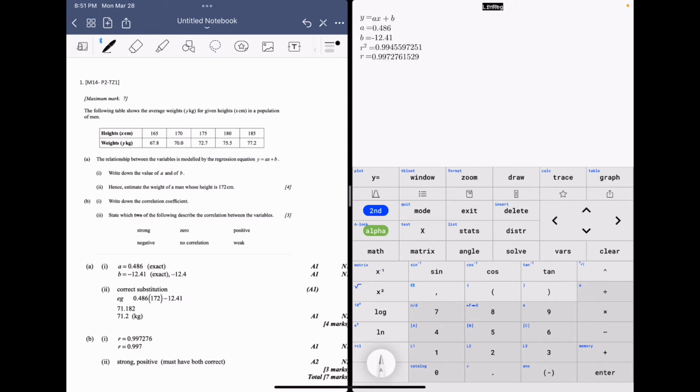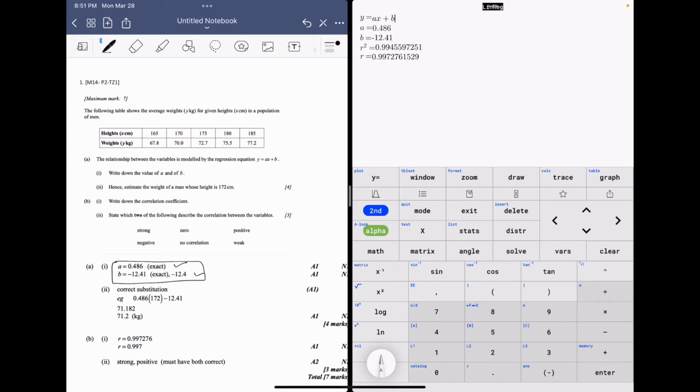You will see the format which we want exactly: y is equal to ax plus b. A and b values are directly calculated. A is 0.486, b is negative 12.41. You can see these values are exactly the same. Write down as it is, because the question says write down.